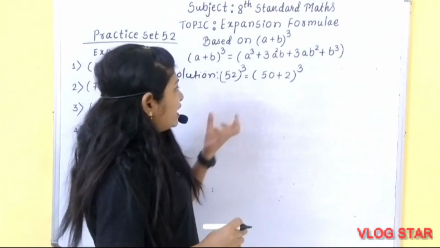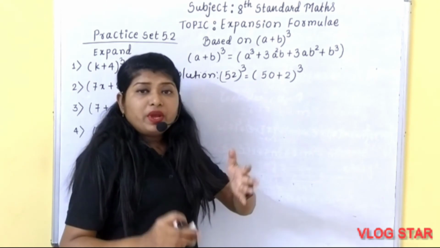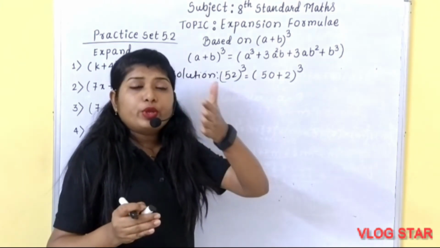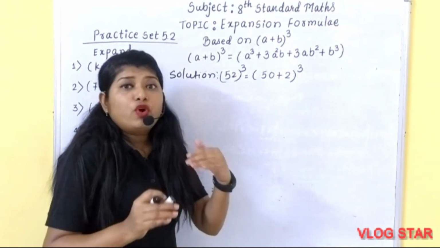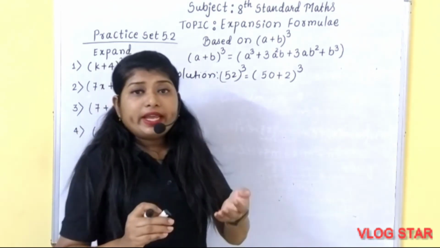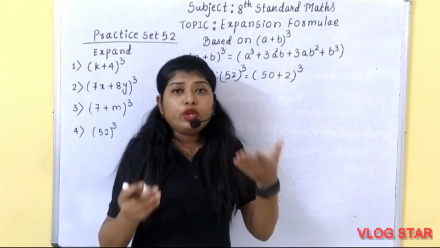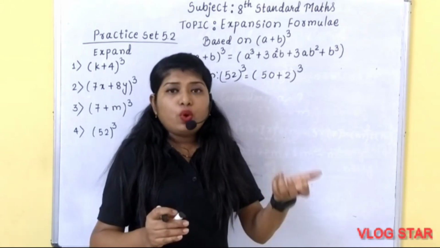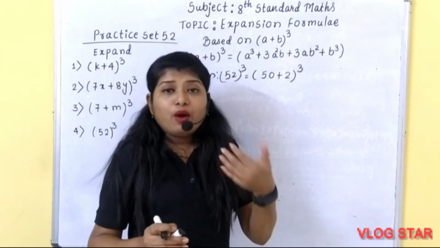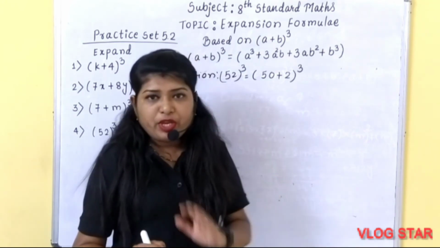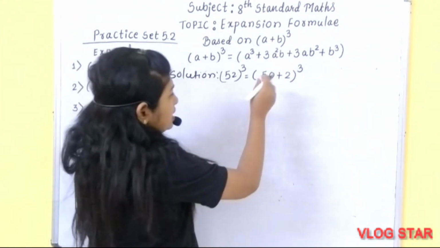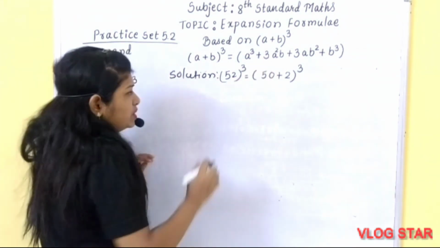If I consider 44 cube, how are you going to divide that? (40 + 4) whole cube. But if I consider 48, instead of taking 40 plus 8 whole cube, you can consider (50 - 2) whole cube. You will come to know how to apply the (a - b) whole cube formula in next videos. So here the same concept you need to use.